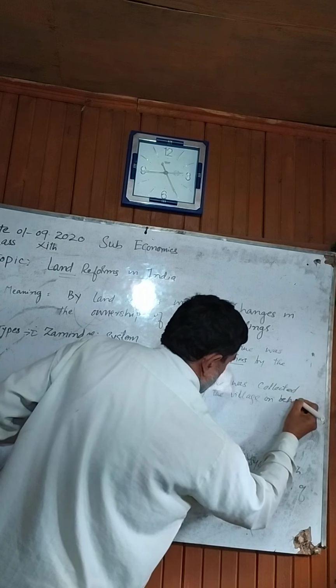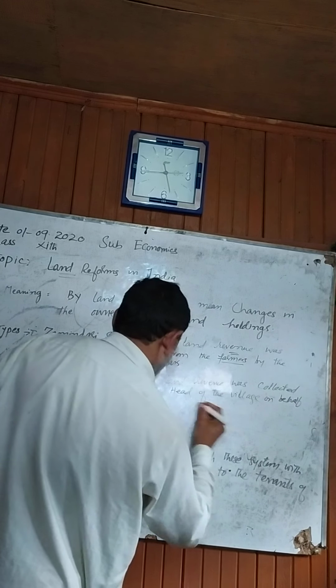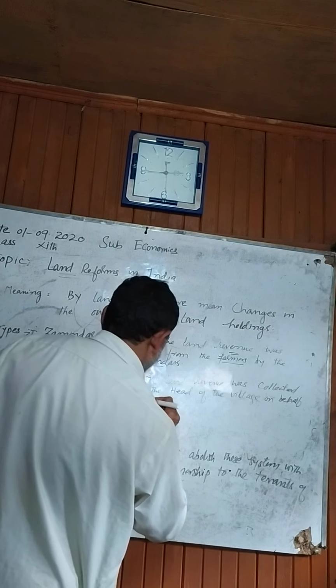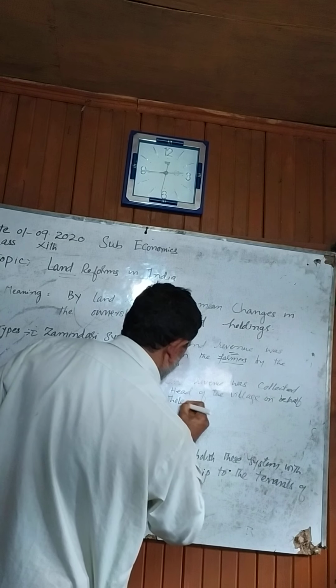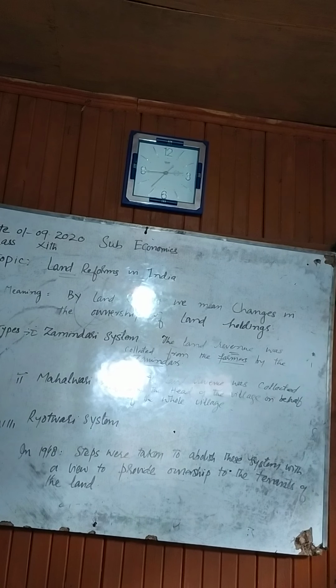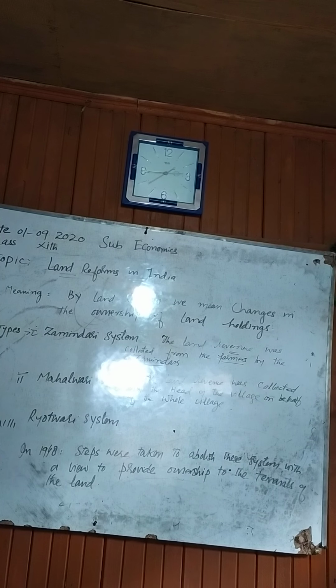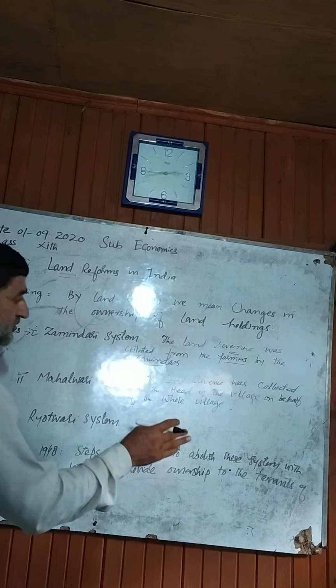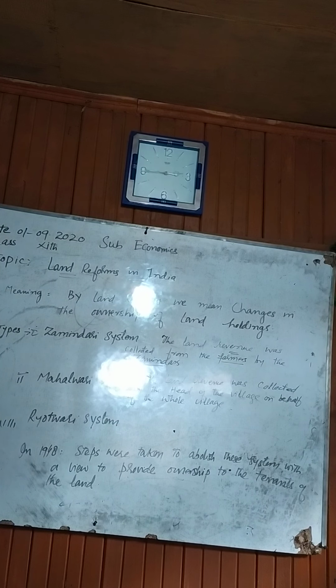What was prevailing in the Mahalwari system? Here the land revenue was collected by the head of the village on behalf of the whole village.